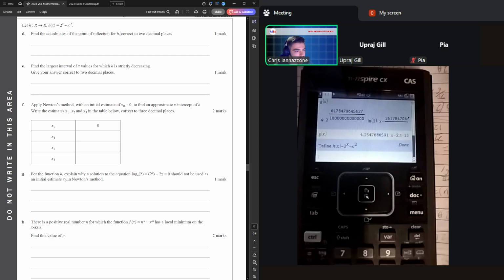There's a couple of ways you can go about this. The fact that it's two decimal places means it opens up a little bit more as far as what techniques you could use via CAS.